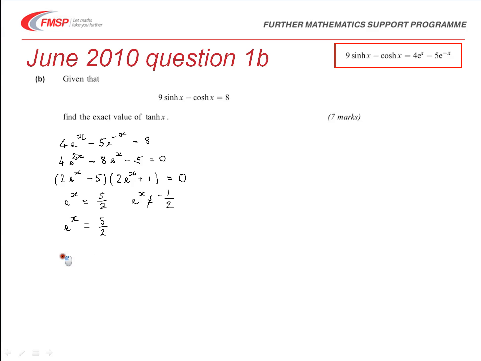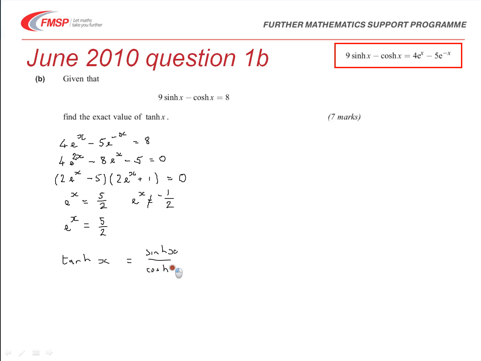So what do we know about tan x? Well, we were just saying that tan x is equal to sin x over cos x.